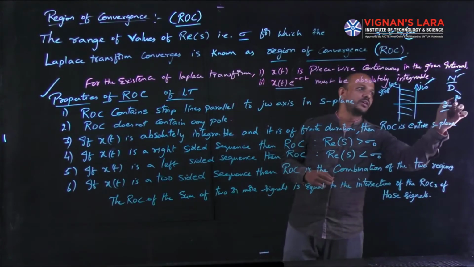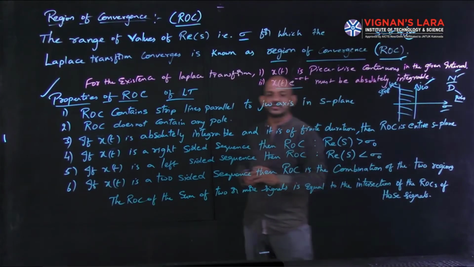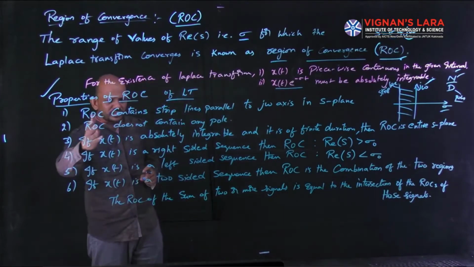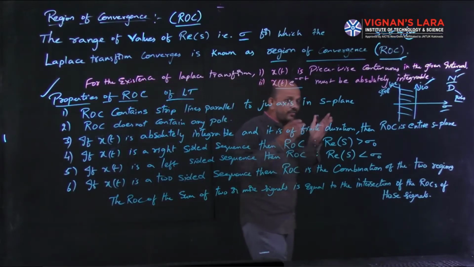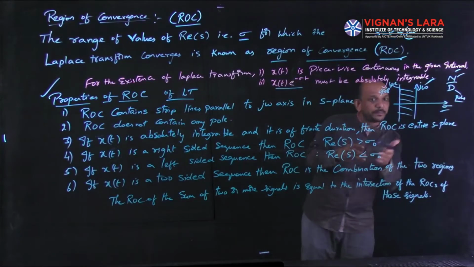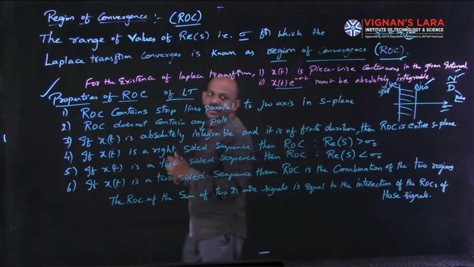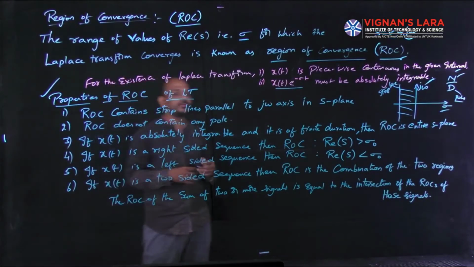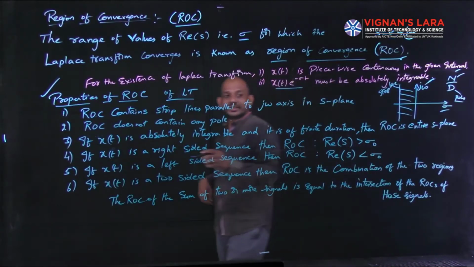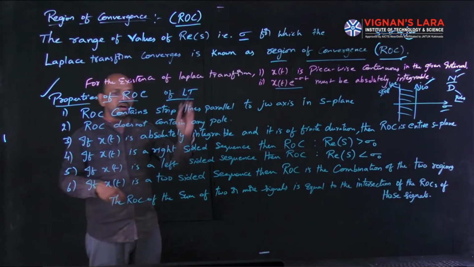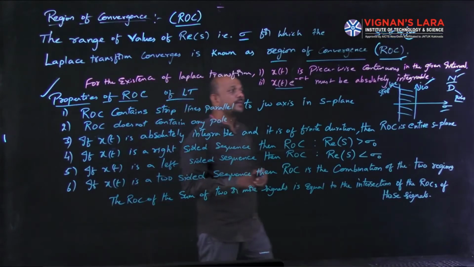So the region of convergence does not contain any pole, because at that pole the value of the Laplace transform will be infinite. But we have to get a finite value. For that reason, the ROC does not contain any pole.